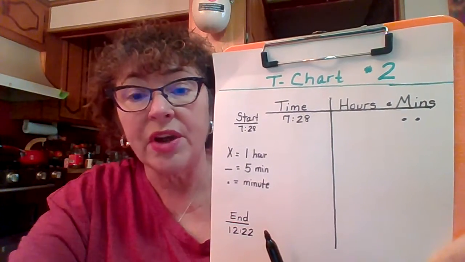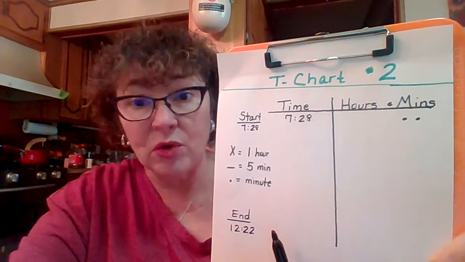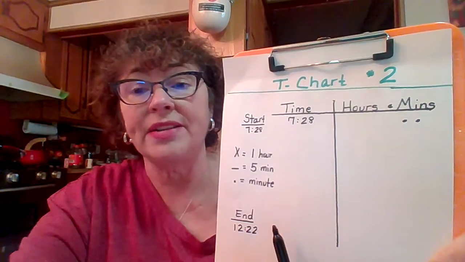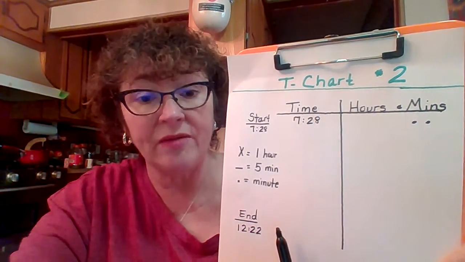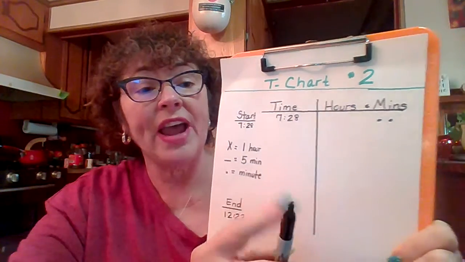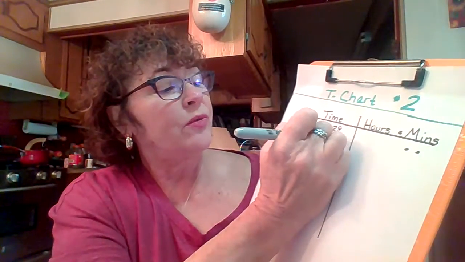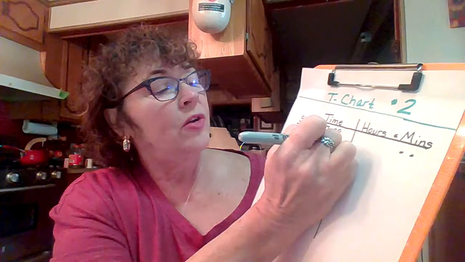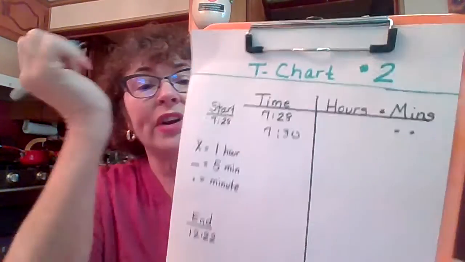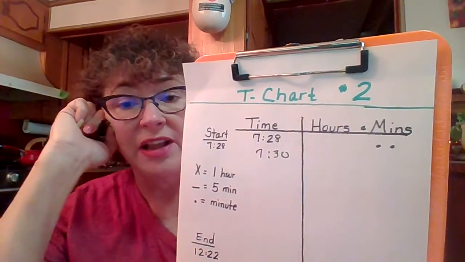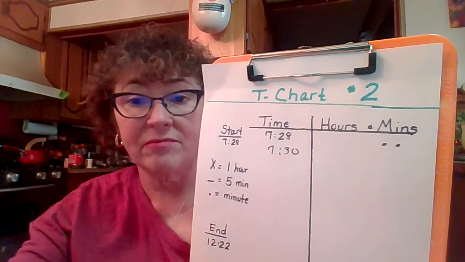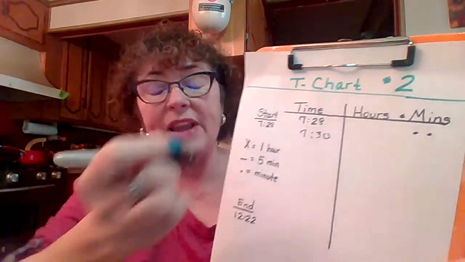Now I want to go to 12:22. So I'm ready to do my hours now, that's the biggest increment that we have. We're at 7:30, so let's go as far as we can.